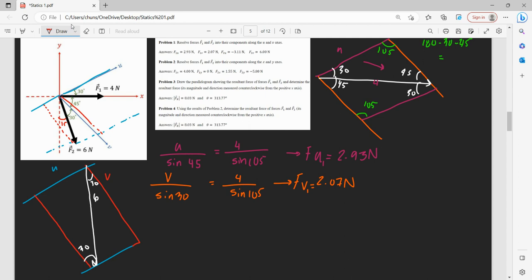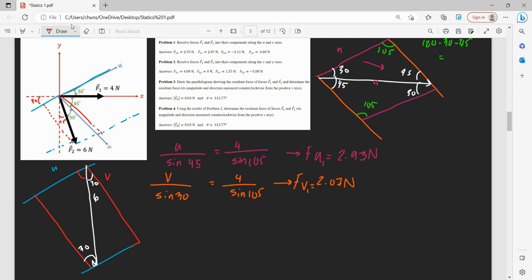from our y-axis. This is 30. Actually, no, hold on. Better way to do this. From here, we know 30 is also this measure here. So that means the angle is going to be 15 plus 90 minus 30. So what would that angle be?